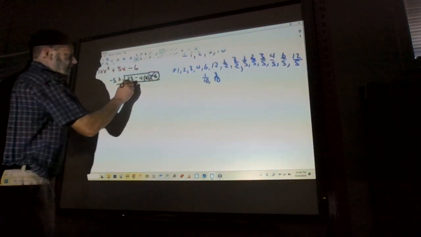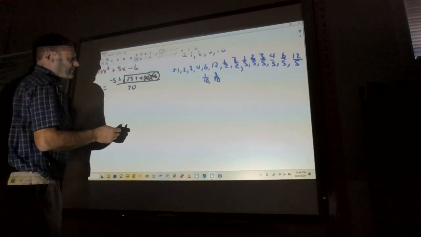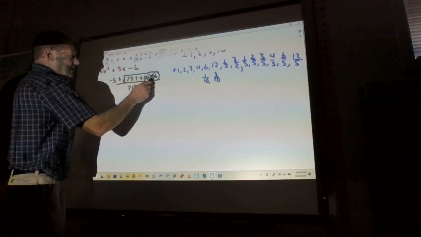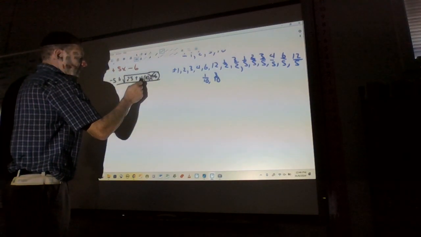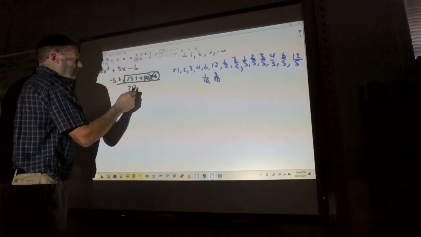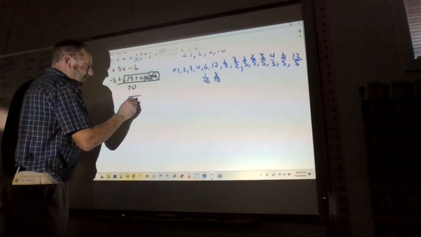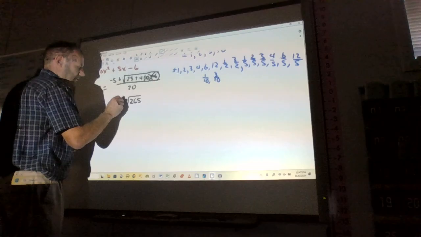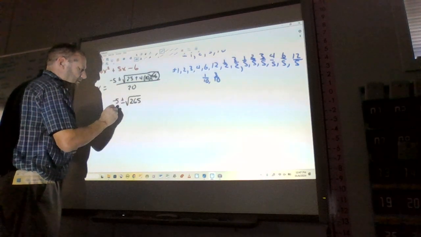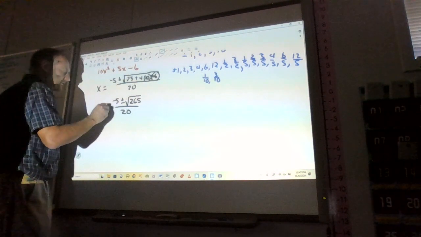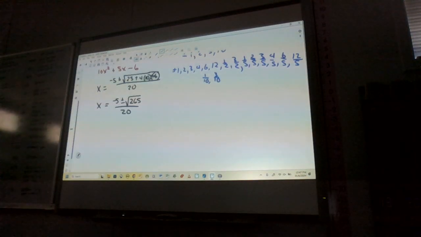Okay, so this cancels to be positive. So this is 60 times 4 is 240. 2 square root of 265 over 20. Yikes. Okay, that's ugly.